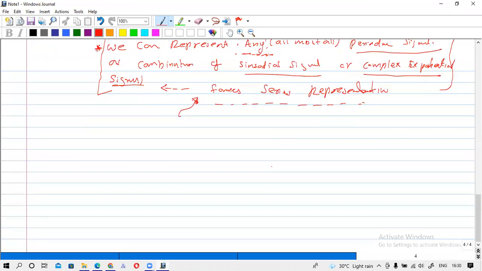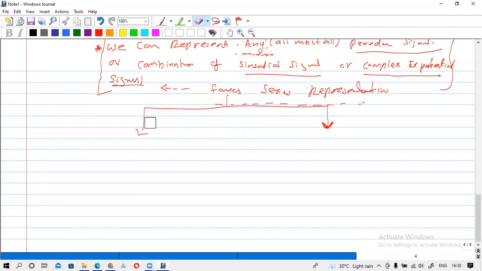Okay, so if you consider the Fourier series representation, how many representations will you have? Can anyone tell me? Please do some analysis, an analytical thing here.